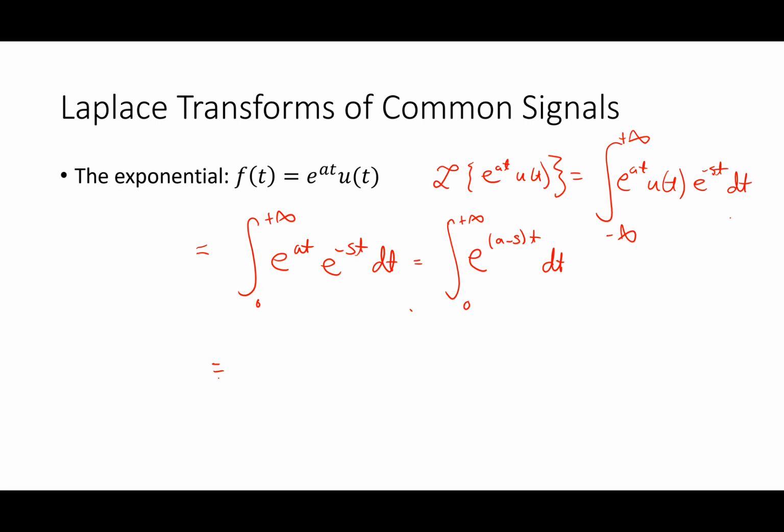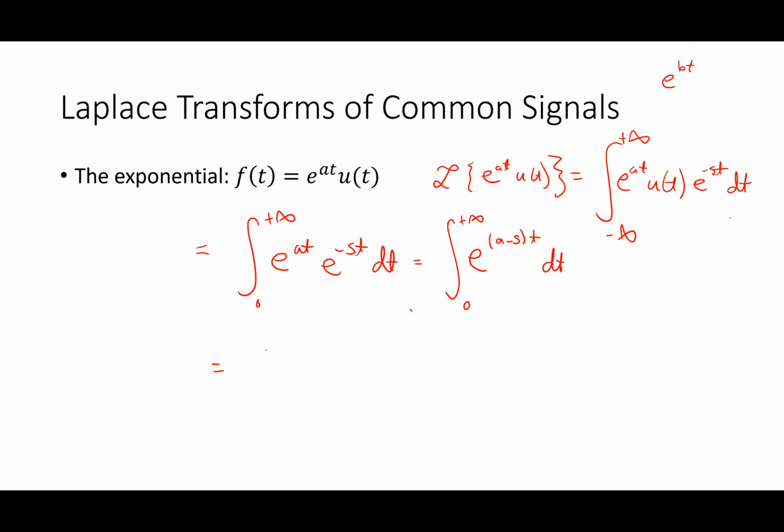If I do that integral, how would that evaluate? Divide e to the anything t. So e to the, I'll call it bt. What's the integral of that? 1 over s minus a.